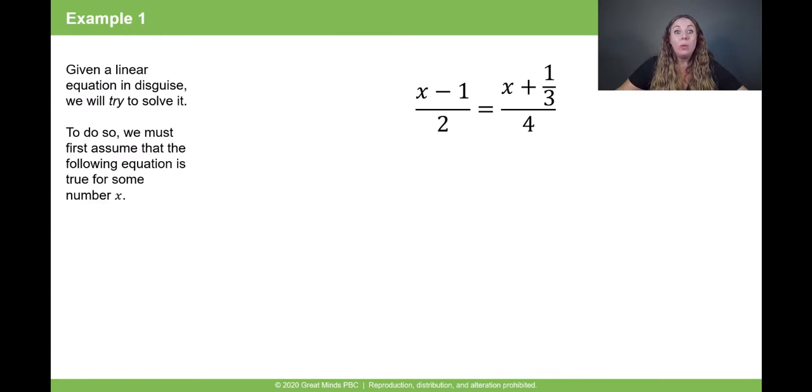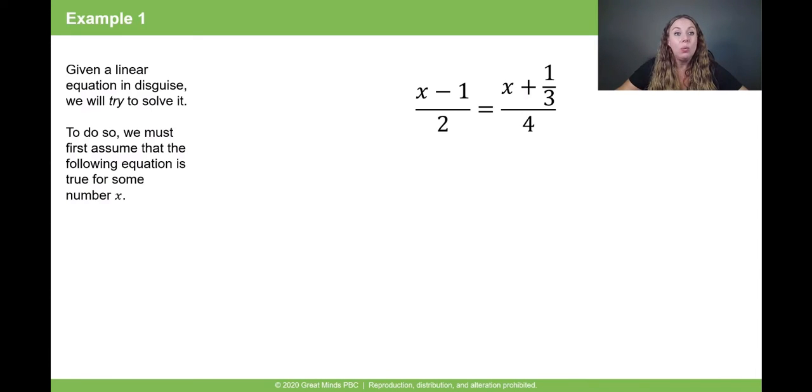To do so, we must first assume that the fraction x minus 1 divided by 2 equals the fraction x plus 1/3 divided by 4 is true for some number x. We want to make this equation look like the linear equations we are used to.